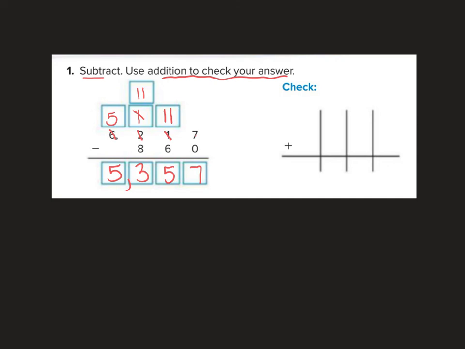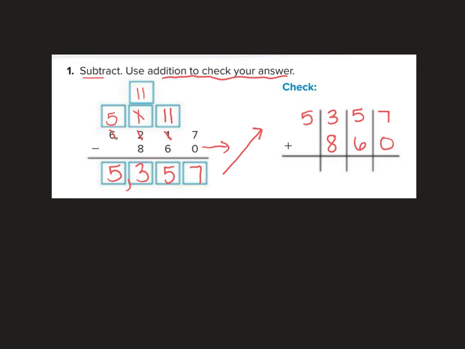Now I can check my answer with addition. Okay, so I'm going to write that number on top. 5,357 plus my middle number bops over to the middle over here, 860.